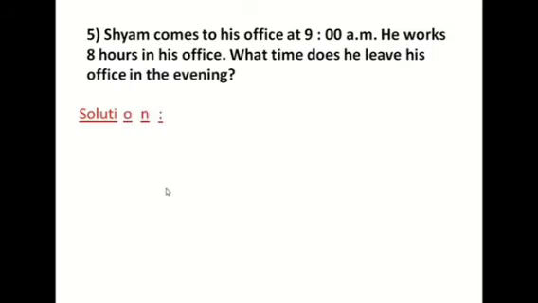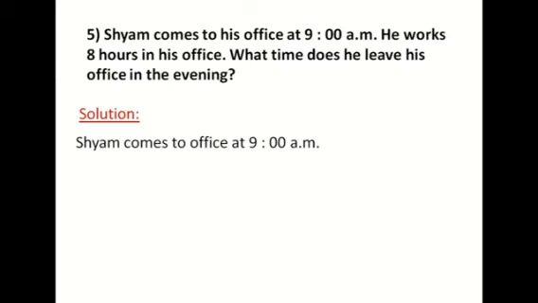So let's start. You can write Sham comes to office at 9:00 a.m. means morning 9 a.m. Yes. So he will be there for how much time? 8 hours. So 9 a.m. means 9:00 hour or 9 hours 00 minutes. Yes.